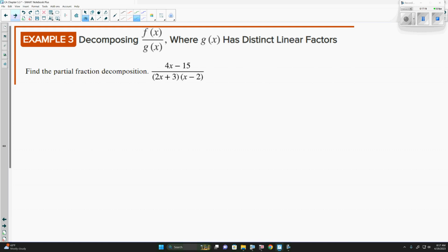So the first thing we're going to look at is making sure the denominator is factored. Well, here the denominator is factored, yes? So we can set up our fractions.